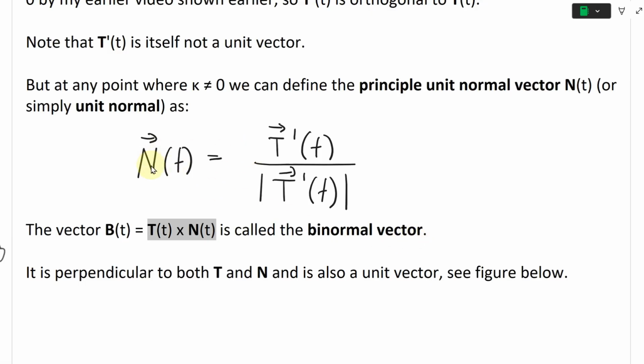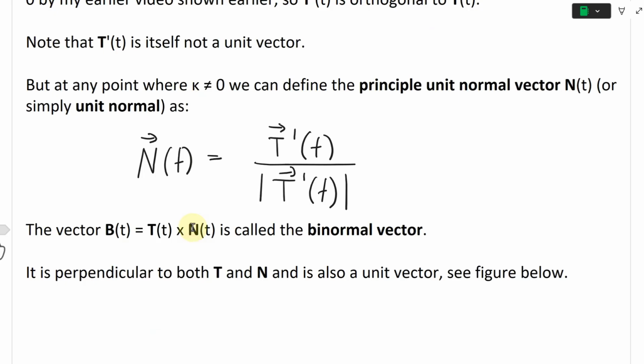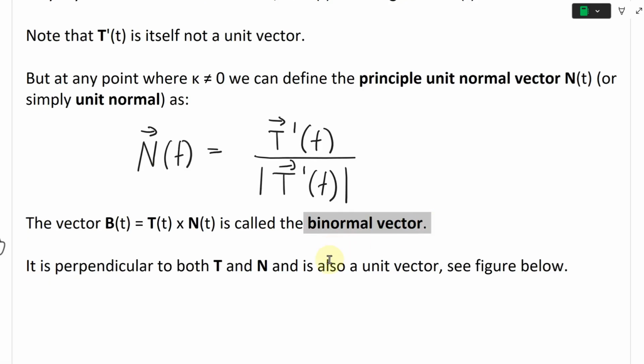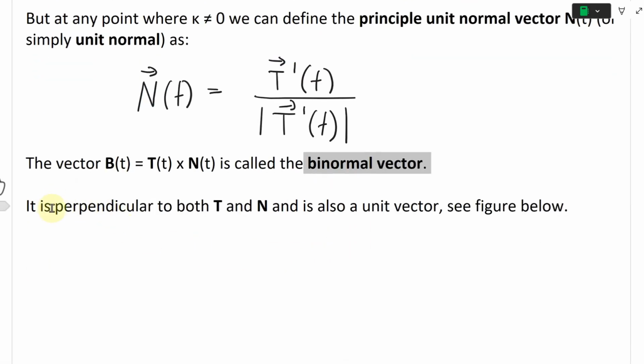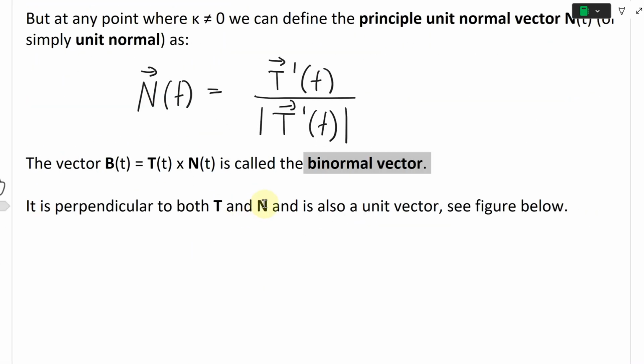This N is orthogonal to T, and this one is orthogonal to both of them. So they're all orthogonal. This is the binormal vector. It is perpendicular to both the unit tangent vector and the unit normal vector, and is also a unit vector.